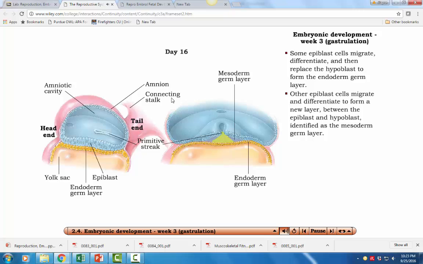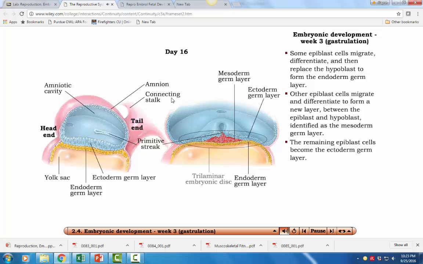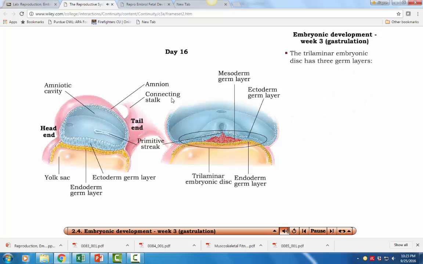Other epiblast cells migrate and differentiate to form a new layer between the epiblast and hypoblast, identified as the mesoderm germ layer. The remaining epiblast cells become the ectoderm germ layer. The result of gastrulation is the formation of the trilaminar embryonic disc, consisting of the 3 germ layers.